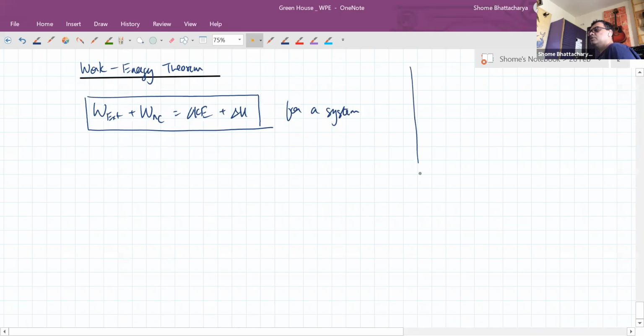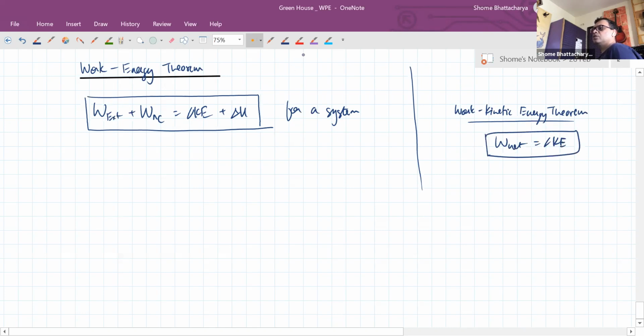Whereas earlier you have seen the definition of the work kinetic energy theorem. That was that net work done is equal to change in kinetic energy.